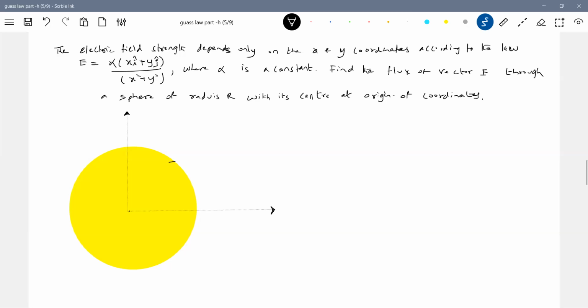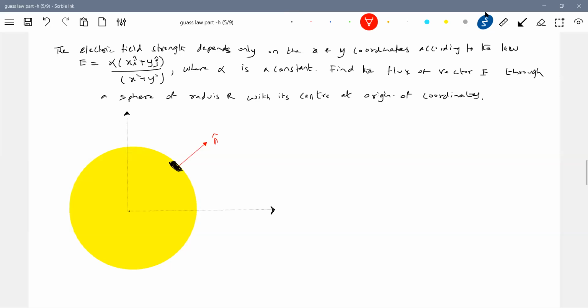Let me choose a surface. How will the n cap for this be? It's a unit vector which will be directed radially outward. So that's the surface I'm picking up.